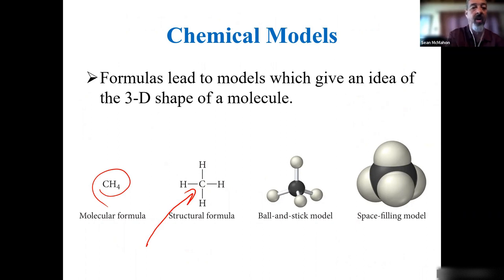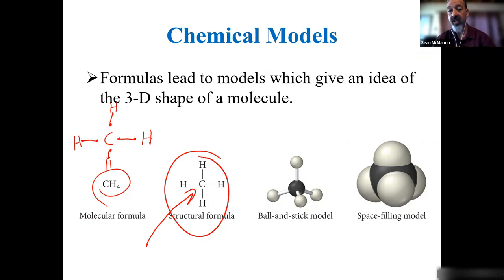If you remember, carbon had 4 valence electrons because it's in group 4A. These are all unpaired. It wants to have a total of 8, so 4 pairs. So 4 hydrogens come, and then forms 4 bonds. And that's the structural formula. So we'll be learning this at the end of the chapter.